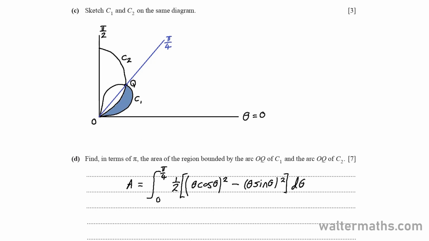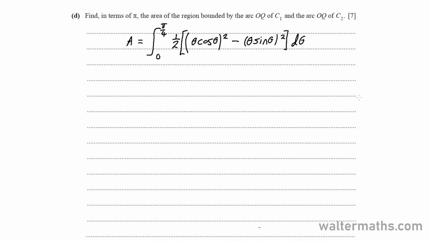So let's work on this. Here we have half, and the integral from 0 to pi over 4 of theta squared times cos squared theta minus sine squared theta, with respect to theta.